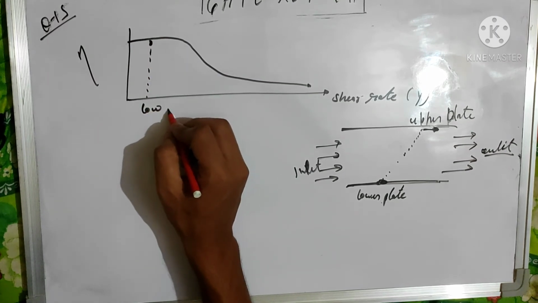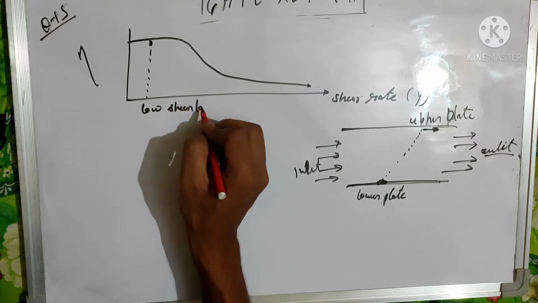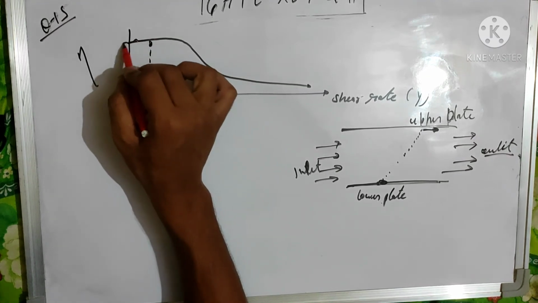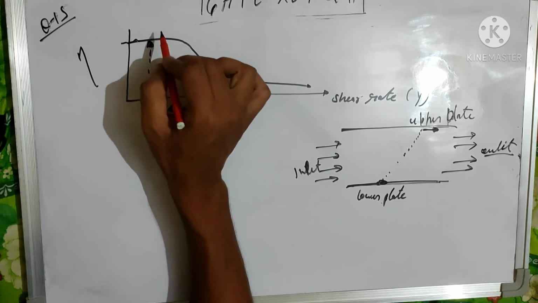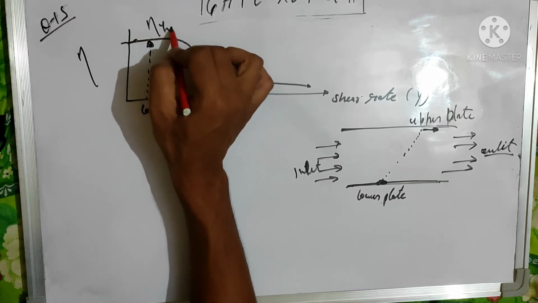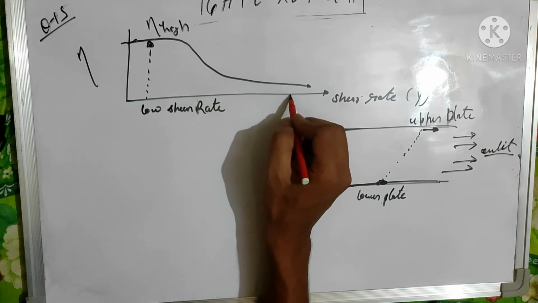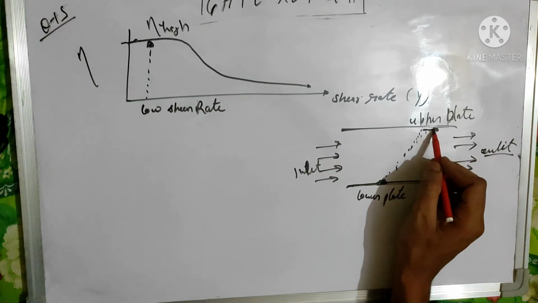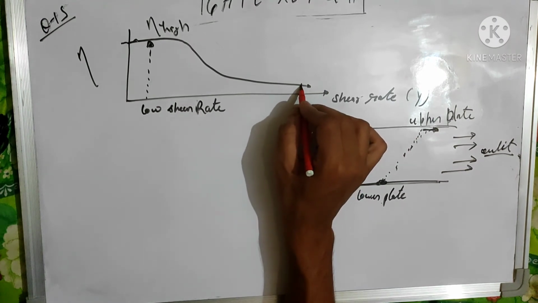So at low shear rate, you can see the viscosity will be high. But with increasing shear rate, the viscosity of the polymer will decrease.